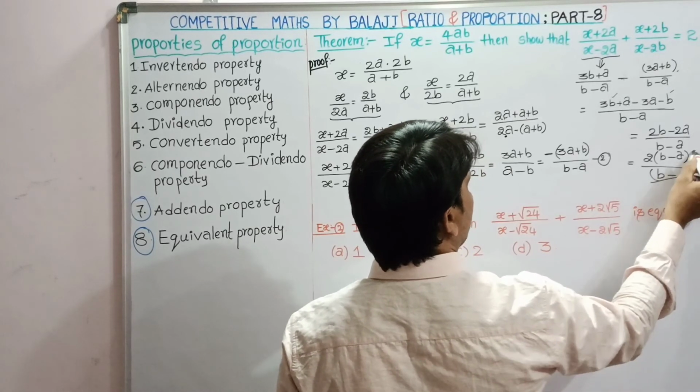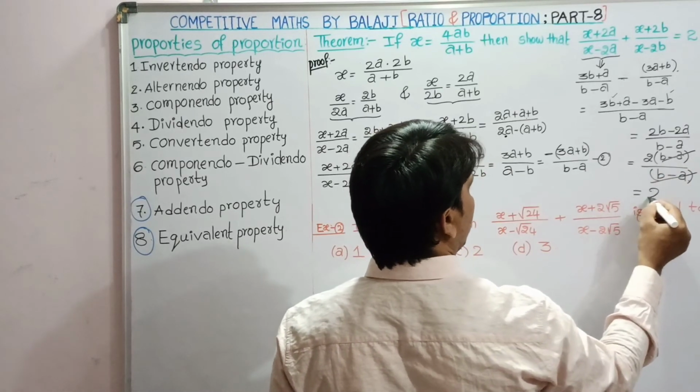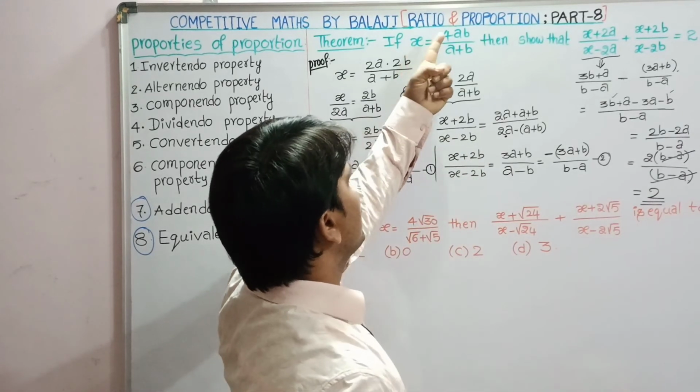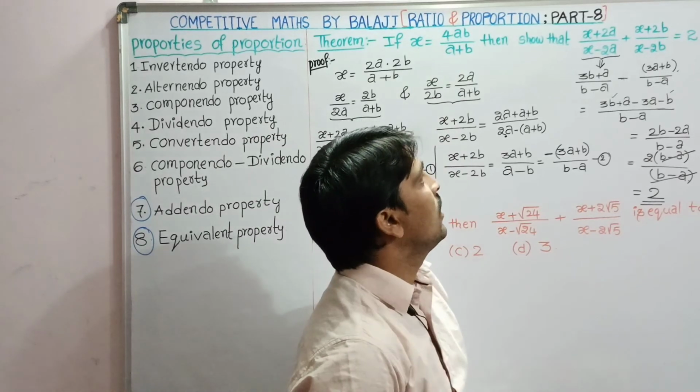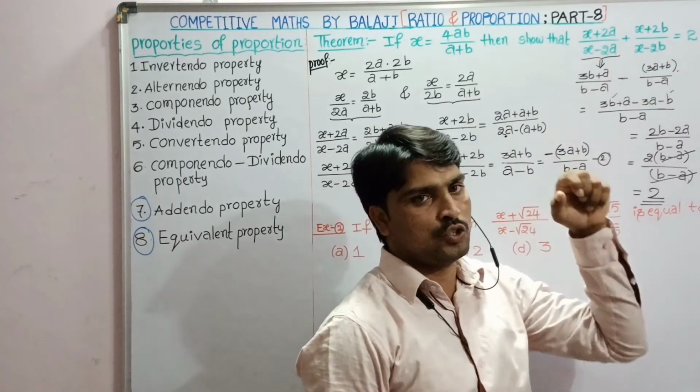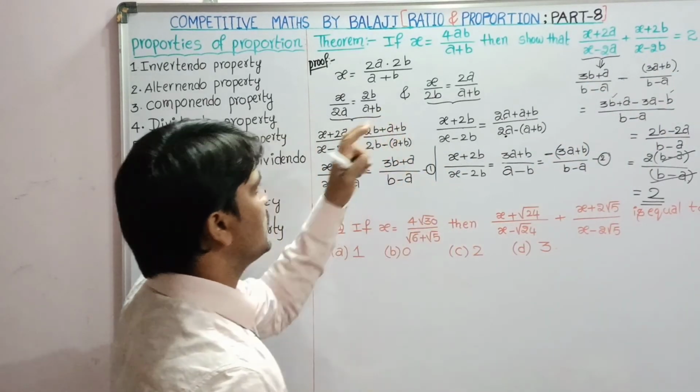That is, b minus a gets cancelled. Finally the answer is 2. So when x is of the form 4ab by a plus b, then the value of x plus 2a by x minus 2a plus x plus 2b by x minus 2b is 2. This is the theorem and its proof.